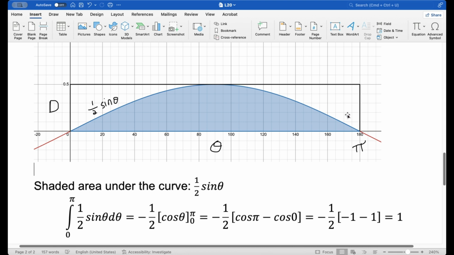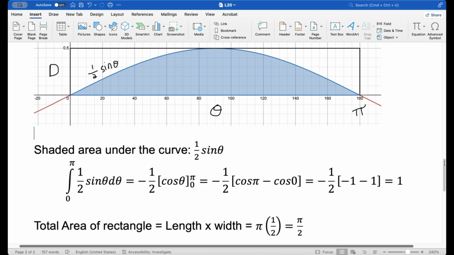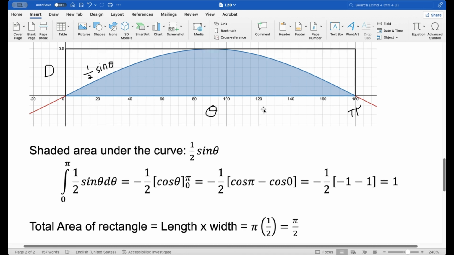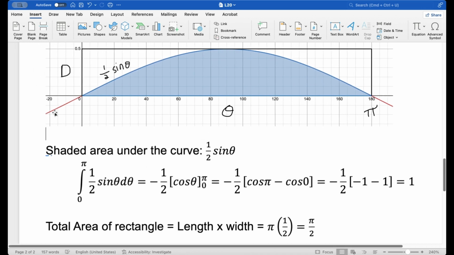Now, what's the total area here? The total area is the area of the rectangle. The rectangle is length times width. The distance across is pi, and the vertical component is 1/2. And so the total area is pi over 2.